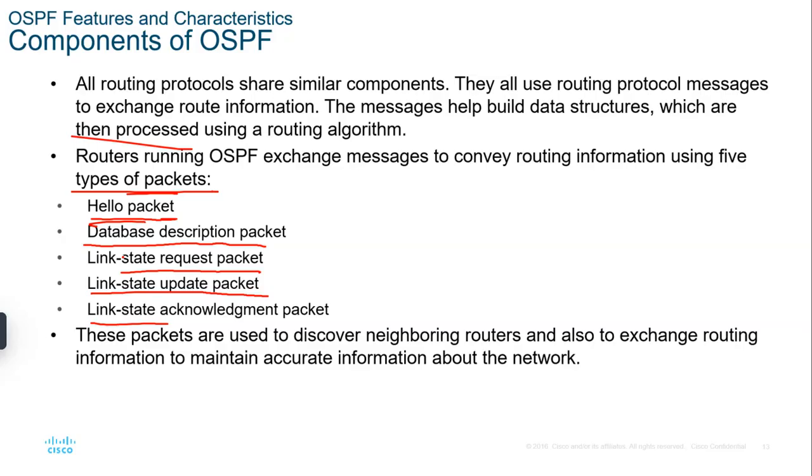Once the device that requested gets the update, it acknowledges the packet. So these packets are used to discover neighboring routers and also to exchange routing information to maintain accurate information about the network.